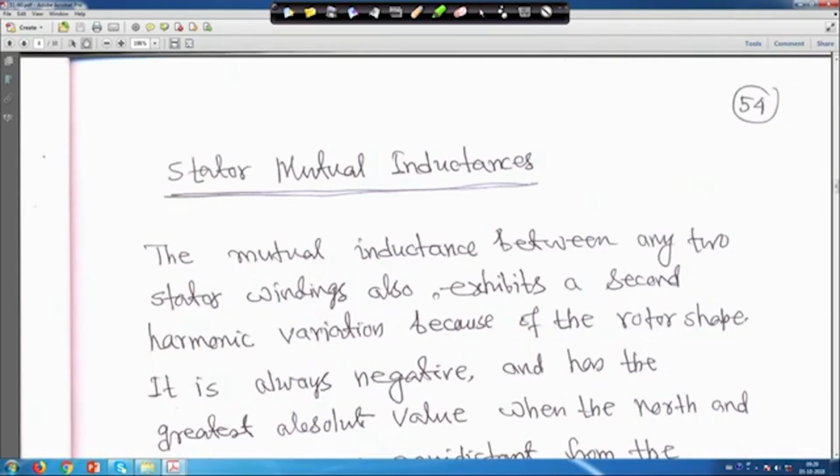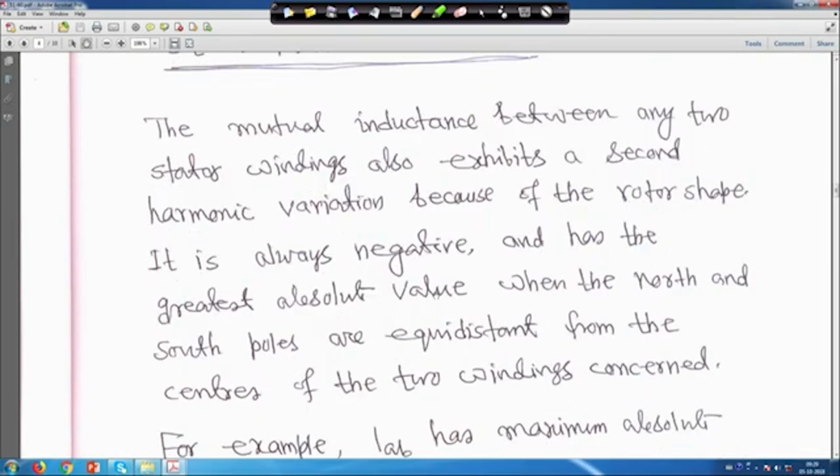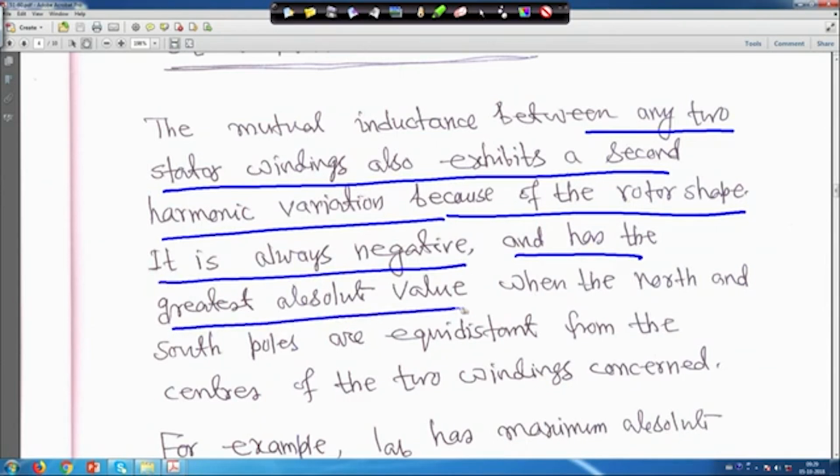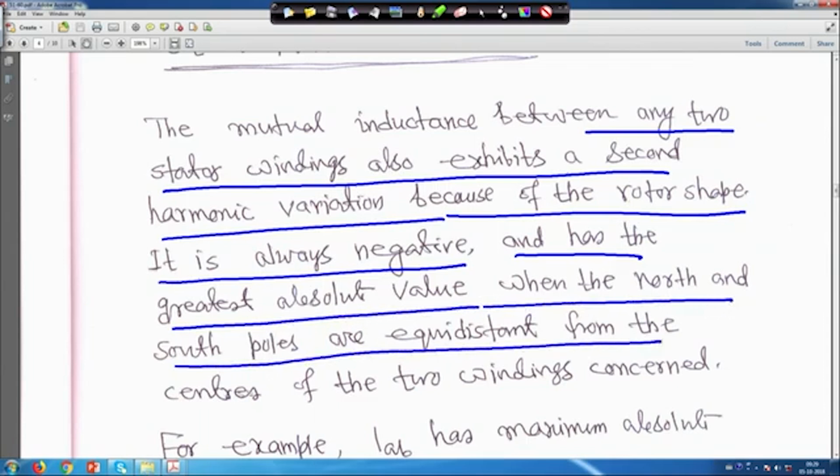Now stator mutual inductances. The mutual inductance between any two stator windings also exhibits a second harmonic variation because of the rotor shape. It is always negative and has the greatest absolute value when the north and south poles are equidistant from the centers of the two windings concerned.